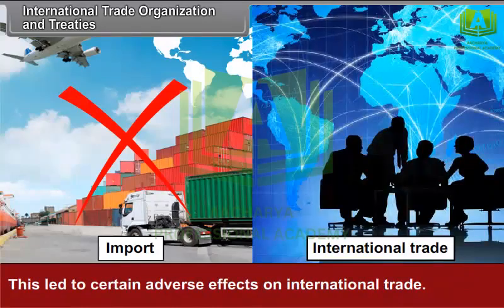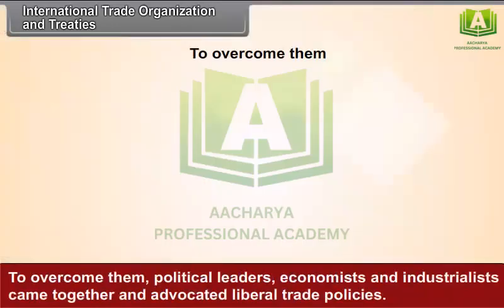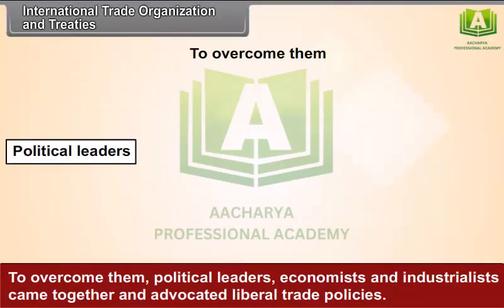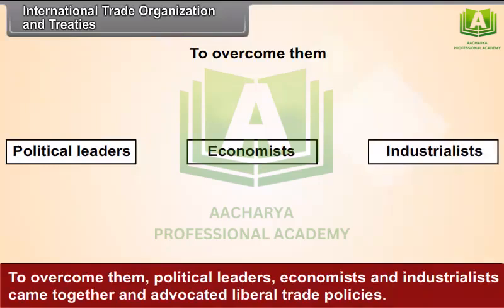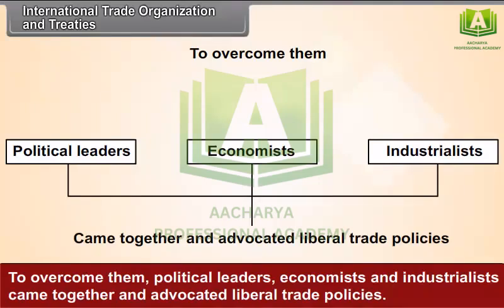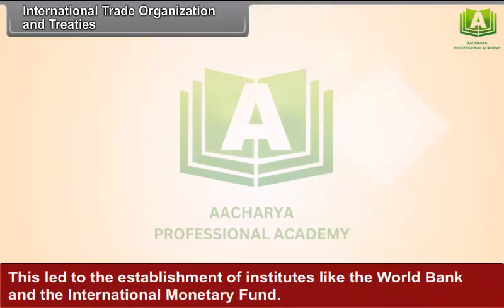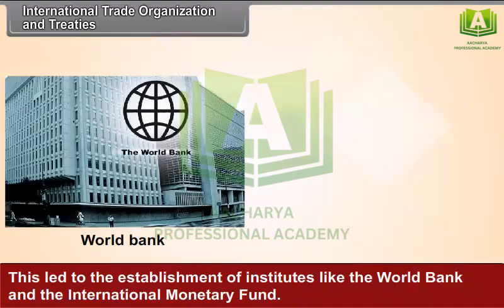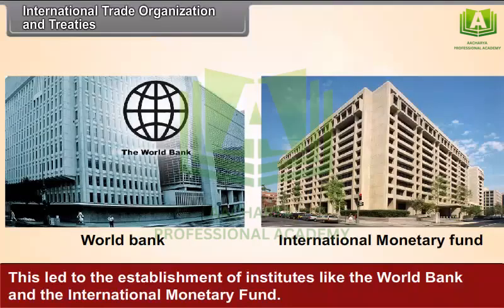These led to certain adverse effects on international trade. To overcome them, political leaders, economists and industrialists came together and advocated liberal trade policies. These led to establishment of institutes like the World Bank and the International Monetary Fund.